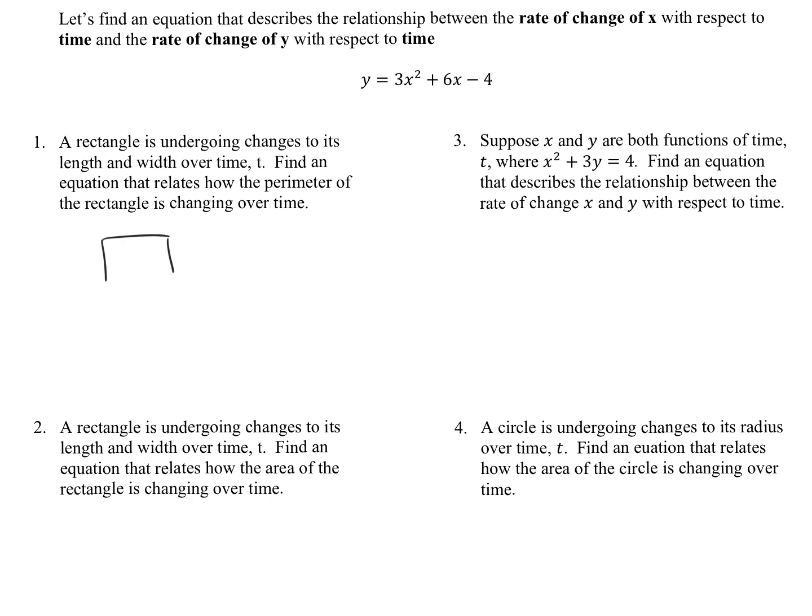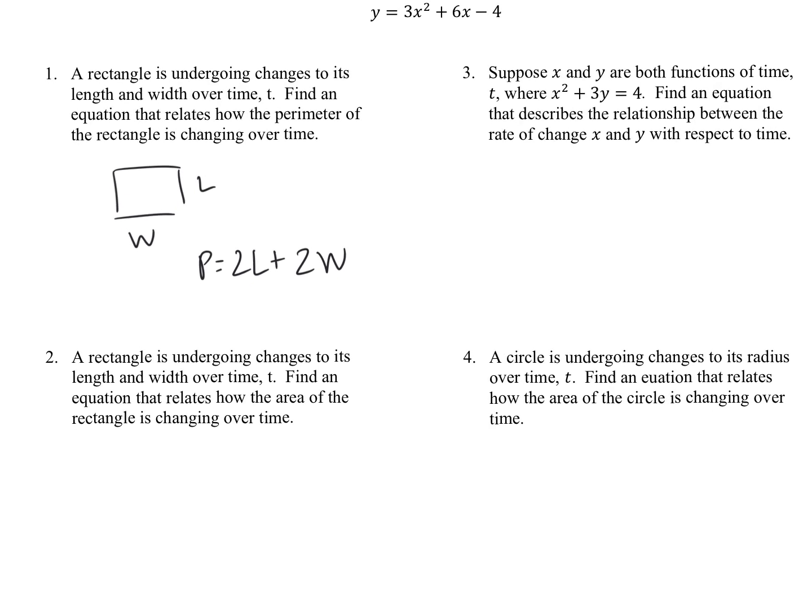You guys, if I've got a rectangle with length and width, what's the perimeter of that? 2L plus 2W, right? So then it says, hey, find the equation for how the perimeter of the rectangle is changing over time. If they want how it's changing over time, guys, we have to go take a derivative. The rate that the perimeter is changing, how I'm going to write that is dP dt.